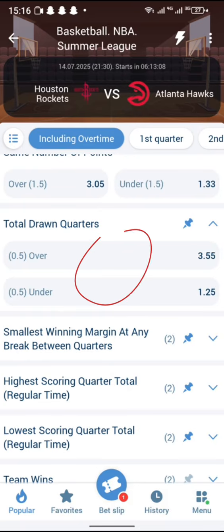Over 0.5 means that at least one quarter will be drawn. While under 0.5 means that none of the quarters will be drawn. There won't be a draw in any of the quarters. While over 0.5 means that there will be a draw in any of the quarters.